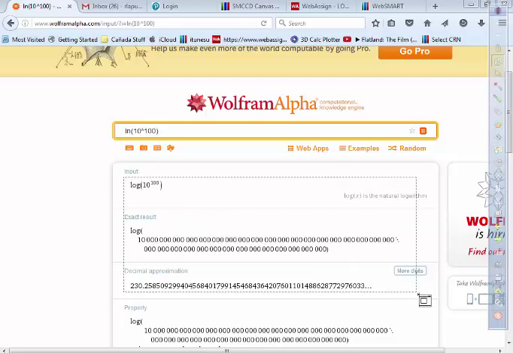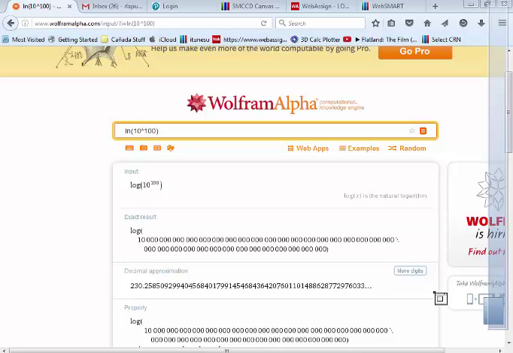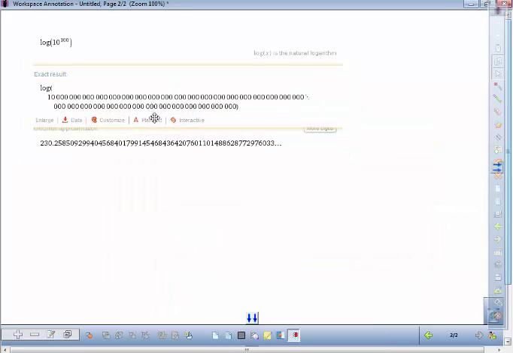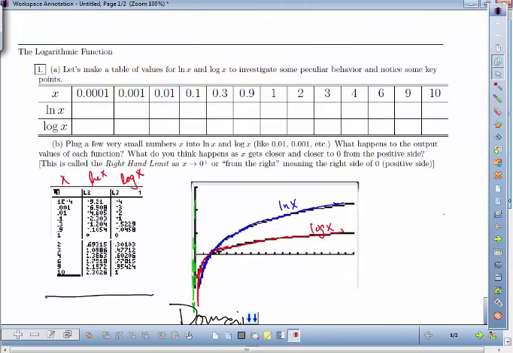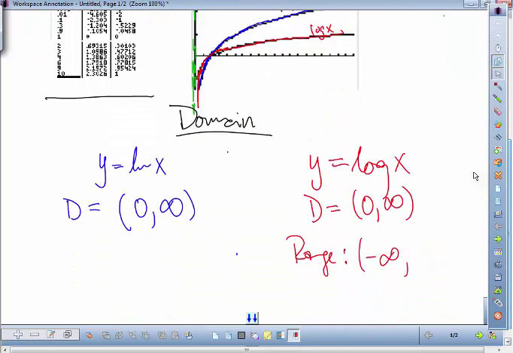Its rate of increase is really, really slow, but it still goes up and goes on forever. That's the important thing. And now we get to put infinity here.